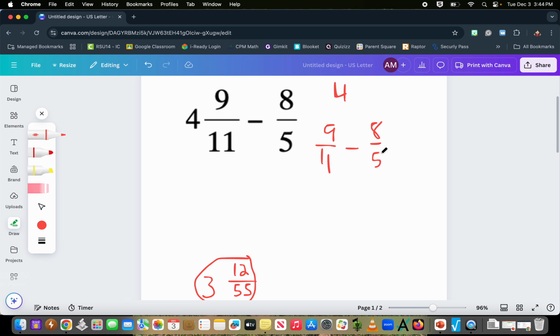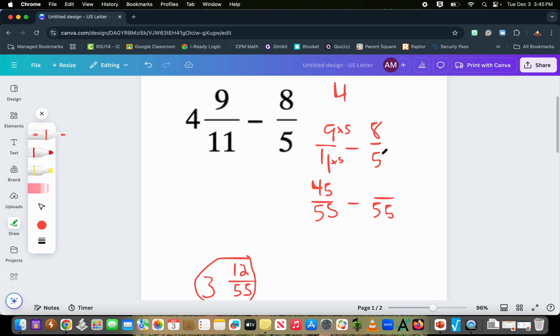So having done the problem and having the same denominator, I know that my common denominator is going to be 55. So I'm going to go ahead and write that right down here, and write that right down here. And I know that 11 times 5 is 55. So whatever I do to the denominator, I have to do to the numerator. So 9 times 5 would give me 45.